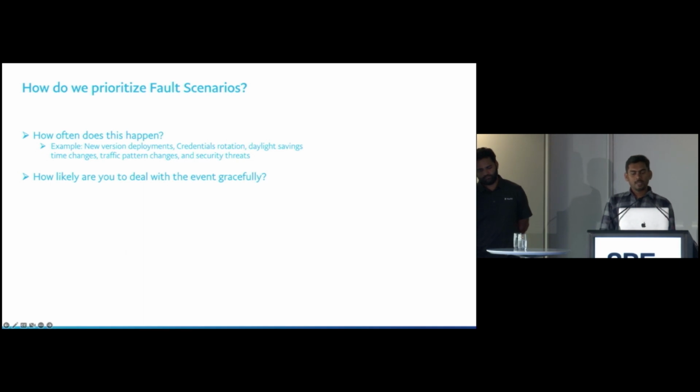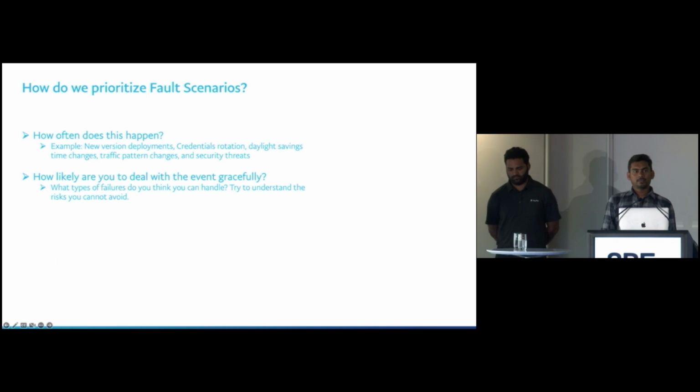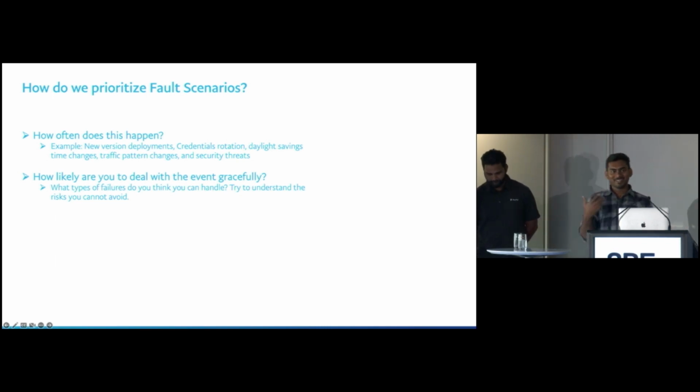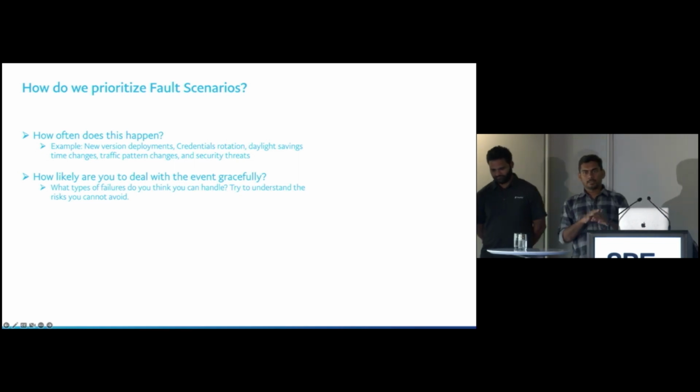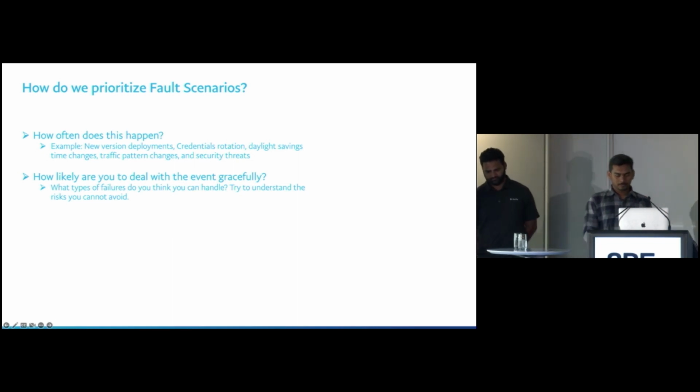For example, there is a global disaster, right? We can't do much about it. If two or three of your regions go down at a time, obviously that's a very difficult scenario, but we can't do much about it. Or let's say there is a simple dependency failure, you should prioritize that sooner compared to the other scenario. And this also depends on your architecture, your system, how it is built, etc.